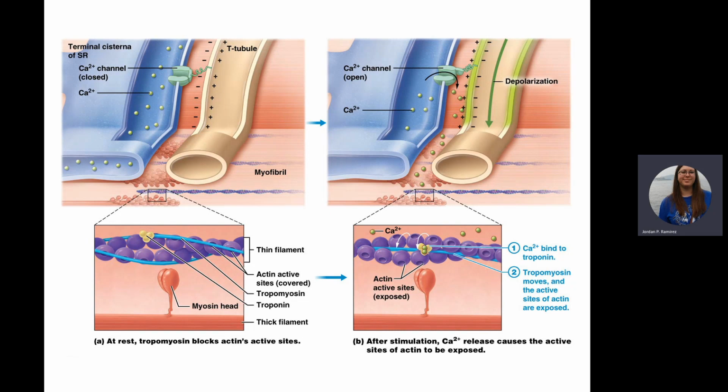Okay, troponin. When calcium binds to troponin, the blue portion here, tropomyosin, will move. It shifts over. Shifts over. Like my sound effects here. And then, now that that's moved, these active sites on the pearls, actin, can bind to myosin. Greatest love story ever.